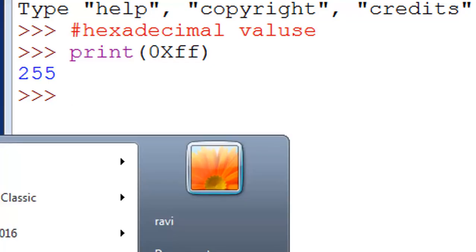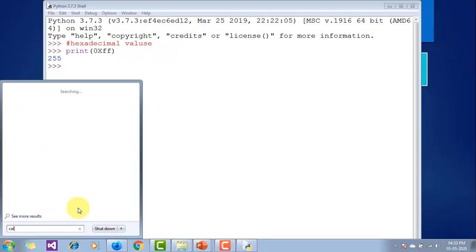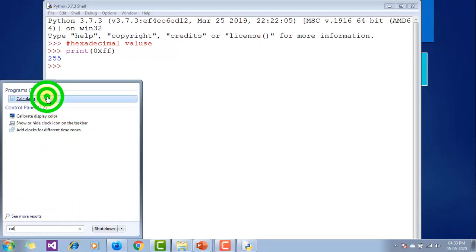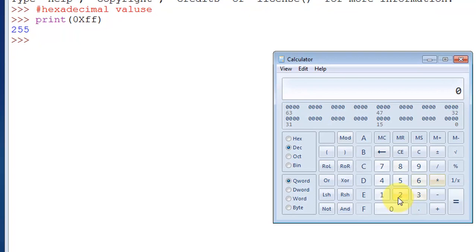Let us try to see in our calculator. If we have a decimal value, that is 255, and convert it into hexadecimal, that is FF. So if I try to write 235 DC, this is my hexadecimal value.